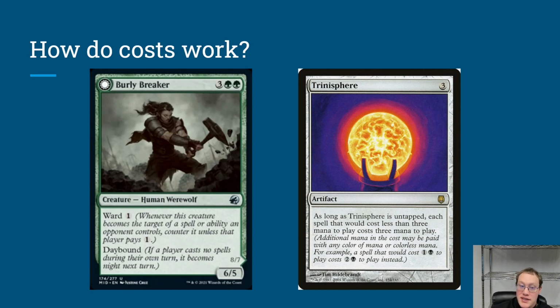But again, because this is paying into a triggered ability, it's not casting a spell. So the Trinisphere is not going to make it so the ward is also 3. So for this case, what would happen is you would have to pay 2 and a red in order to cast the Lightning Bolt. And then after that, you'd have to pay 1 additional in order to keep the Lightning Bolt from getting countered. So that's how that situation would work.